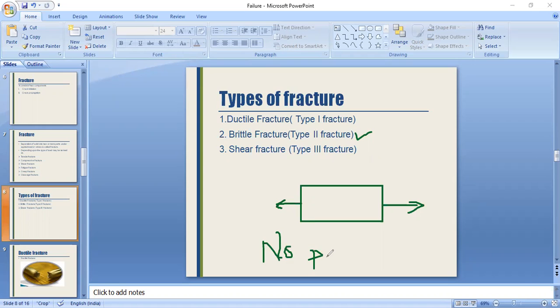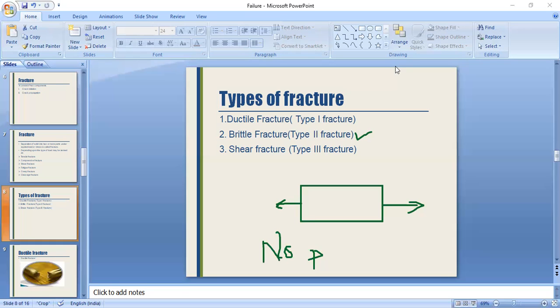In shear fracture, it is similar to tensile fracture. When the material is under tensile load, the stress acts on the material at a 45-degree inclination, and due to that a crack forms at 45 degrees, at the stress point.